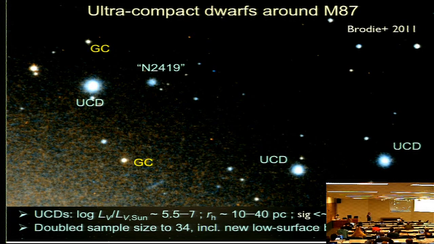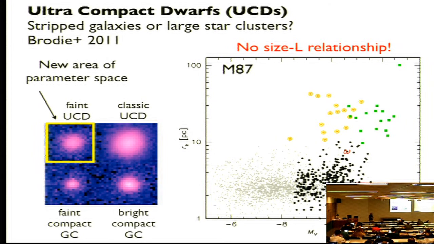Now, this class of objects was discovered about a decade or so ago, and ever since the discovery, there's been a debate about whether they're large star clusters, so big fuzzy star clusters, or stripped dwarf elliptical galaxies, so the nuclei of stripped dwarf elliptical galaxies. And we've discovered a large number of them in M87.